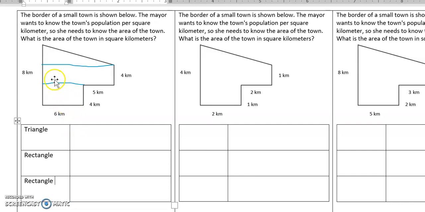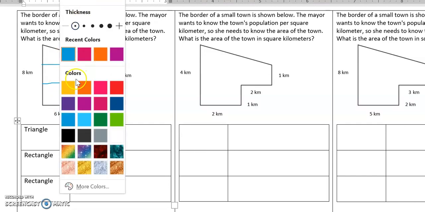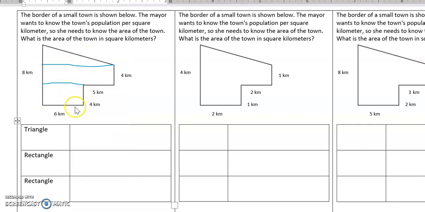So I'm going to start with this rectangle here. I'm going to change my color. I'll use yellow. This rectangle down here at the bottom is 6 and 4. This side is 4. This 5 goes over here on this side.